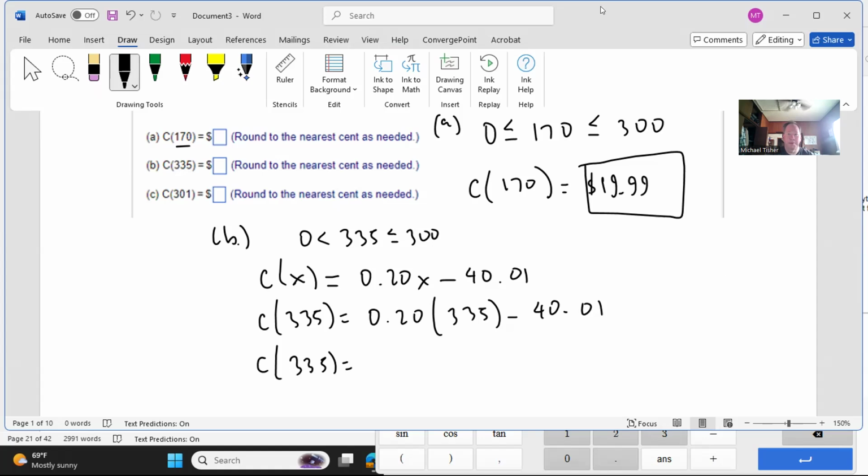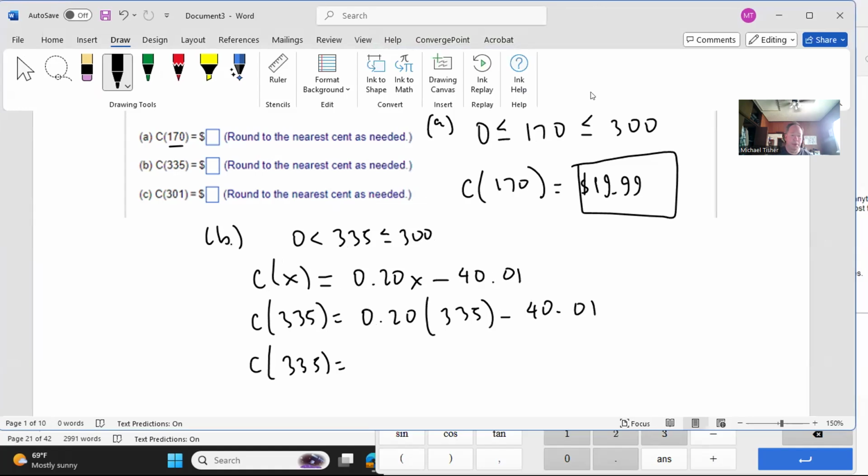Let's find out. I think 26.99, is that right? Yes, 26.99. So 0.20 times 335 minus 40.01 is 26.99. Okay, so that's the B part.